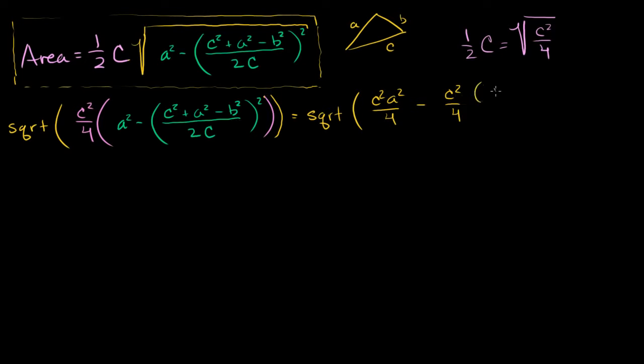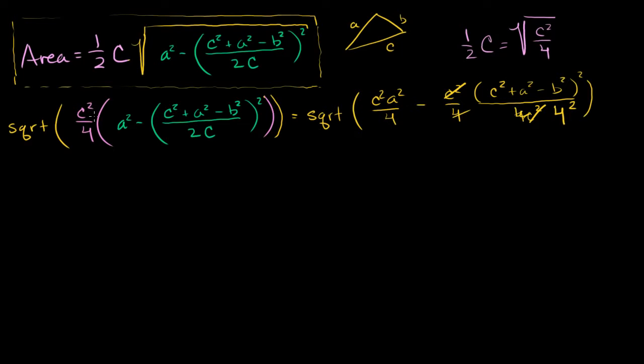So times c squared plus a squared minus b squared, squared, over, if I square the denominator, that's 4c squared. And we immediately see that c squared and that c squared are going to cancel out. Let me close all of the parentheses just like that. And of course, this 4 times that 4, that's the same thing as 4 squared.